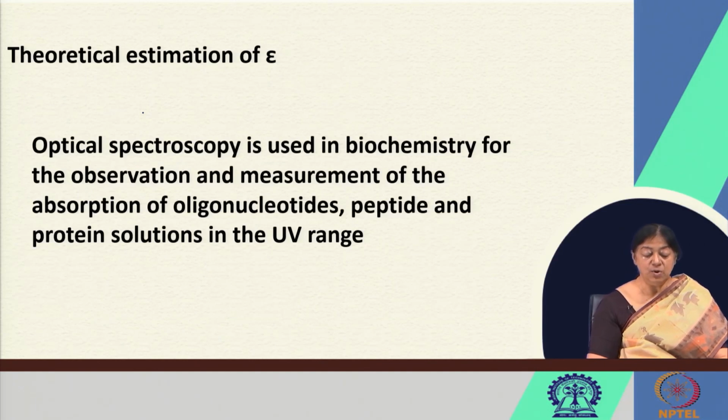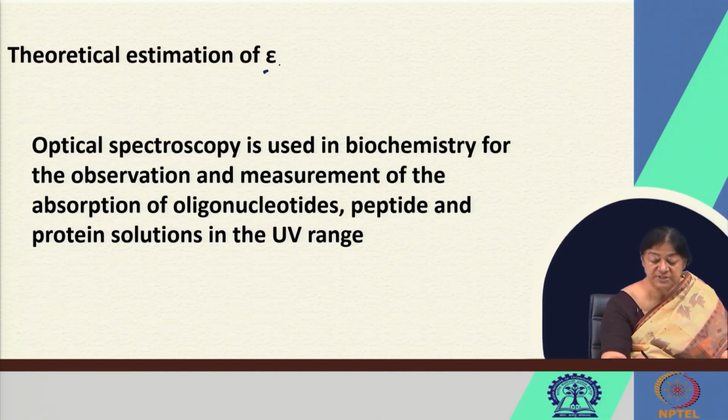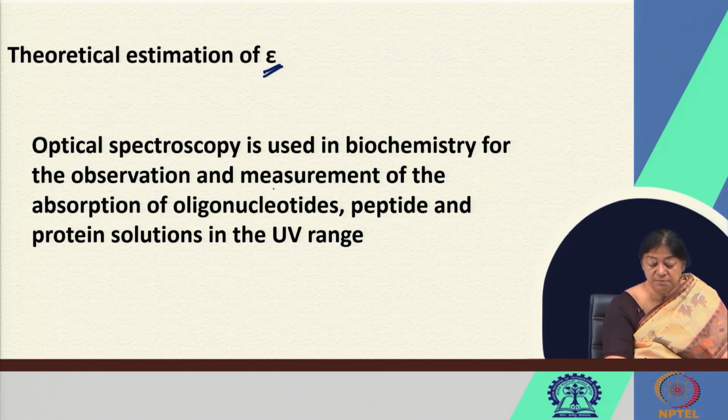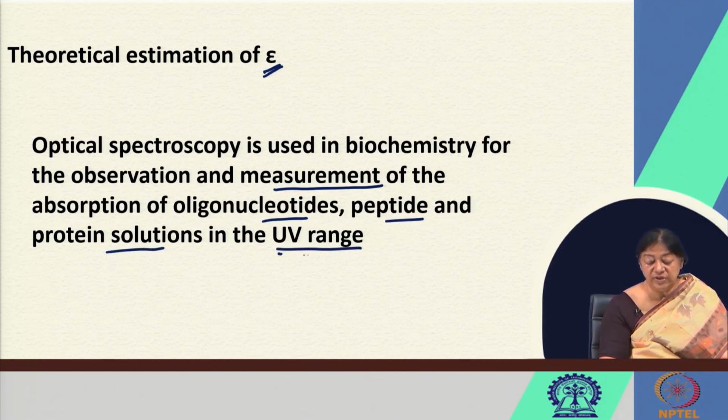Now, when we look at the theoretical estimation of this epsilon value, we are looking at a very important aspect in understanding how this spectroscopic characteristic is used in biochemistry. For what? For the observation and measurement of the absorption of oligonucleotides, peptides and protein solutions, all in the UV range.